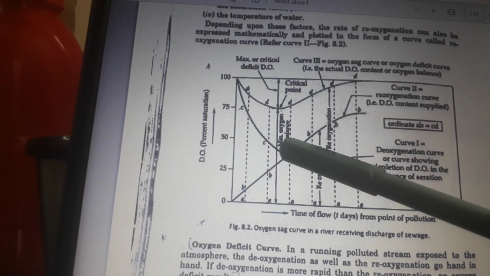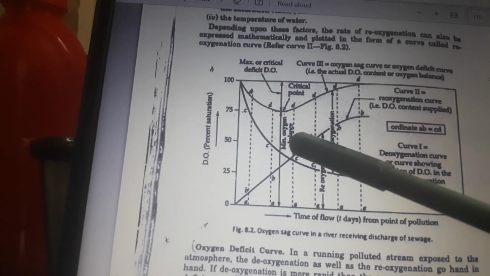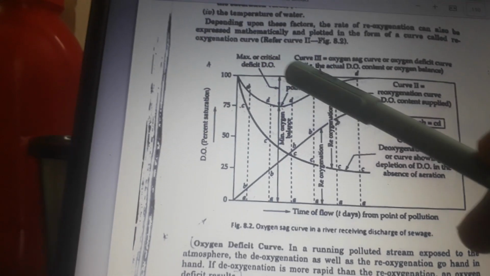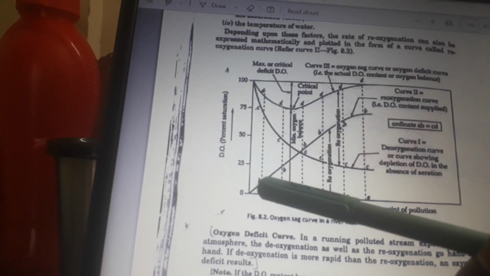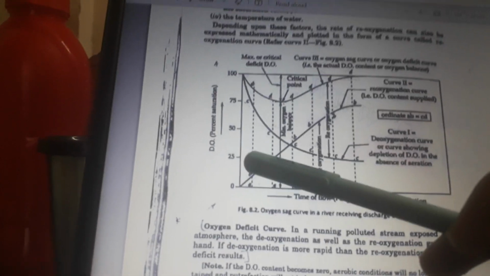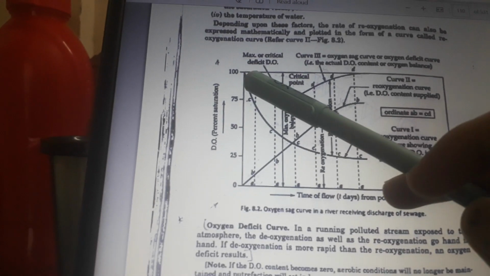This one is the critical point. This is the minimum oxygen balance. This is the maximum or critical deficit of dissolved oxygen. Here is the time of flow T in days from point of pollution, and the dissolved oxygen percent saturation: 0, 25, 50, 75, 100.